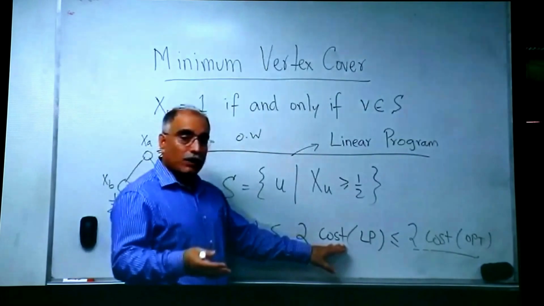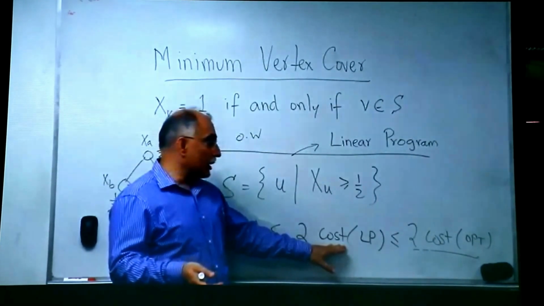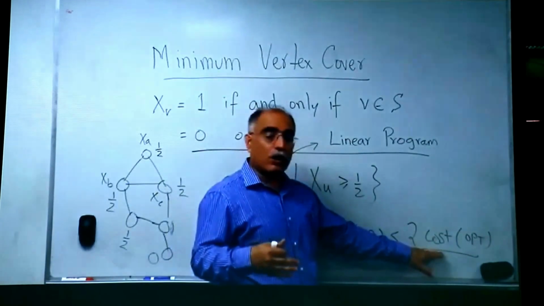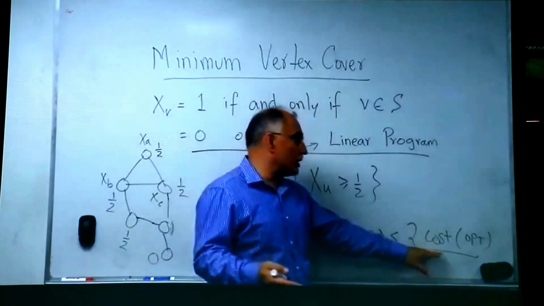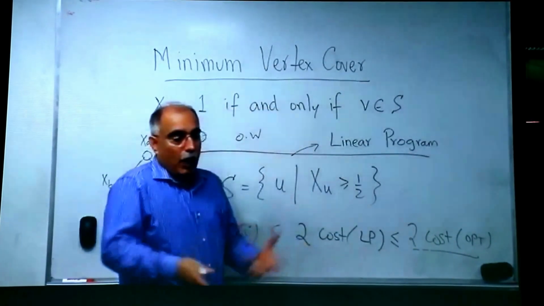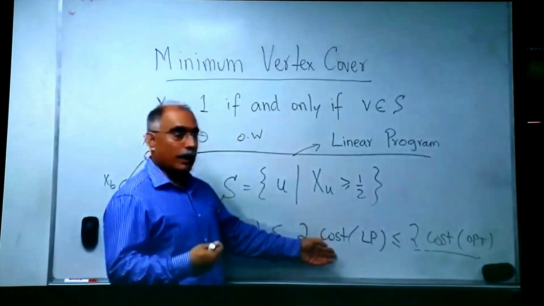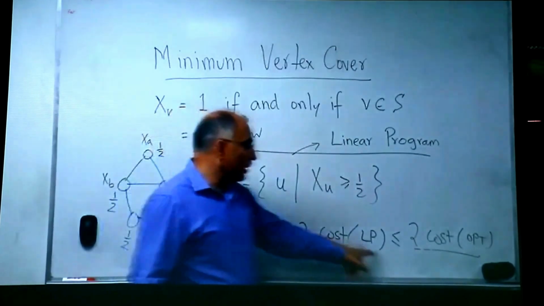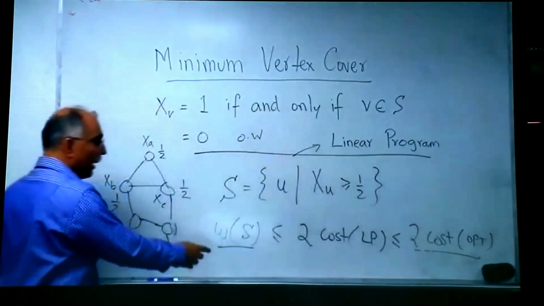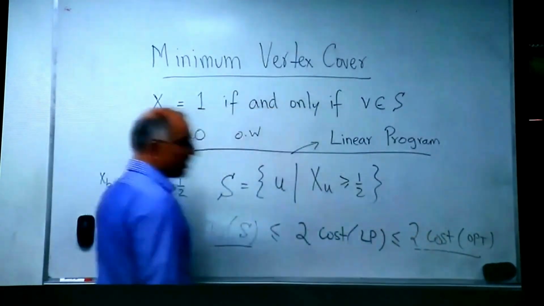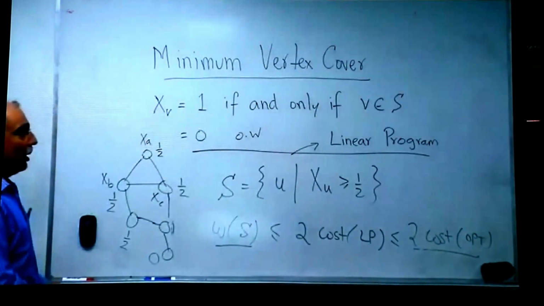So when I optimize over these non-negative constraints for the x variables, this linear program is going to have cost at most the cost of opt, because the optimum solution is feasible for it. When we optimize, we are allowing these fractional solutions, so the cost could only come down, it can't go up. That leads to this inequality, and that allows us to bound the weight of our final solution as twice the cost of opt.